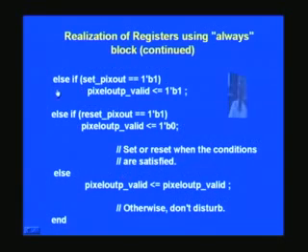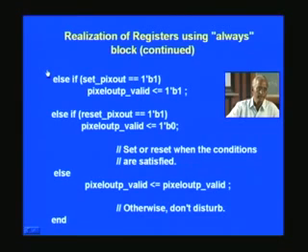So next, if those two conditions are not satisfied, we are yet to cover set and then reset, and that is what we are doing here. One more else if: set pixel out, which was A bar B C bar, if it is 1, we need to set this pixel out P as 1.